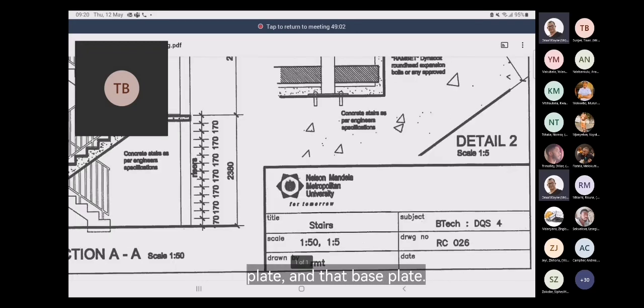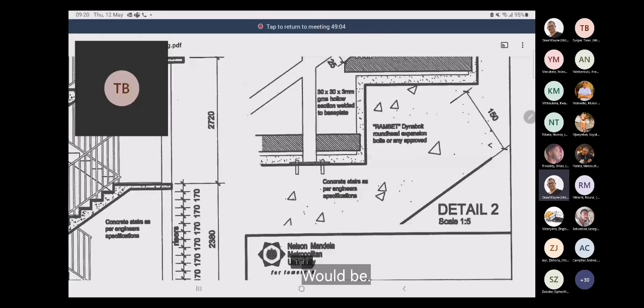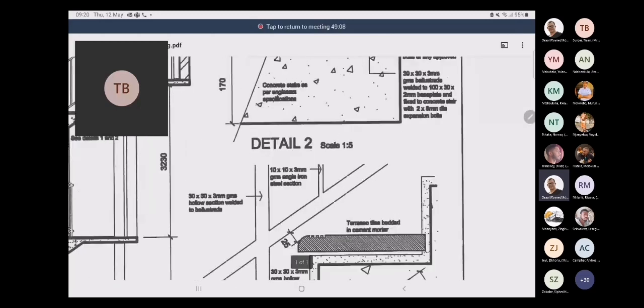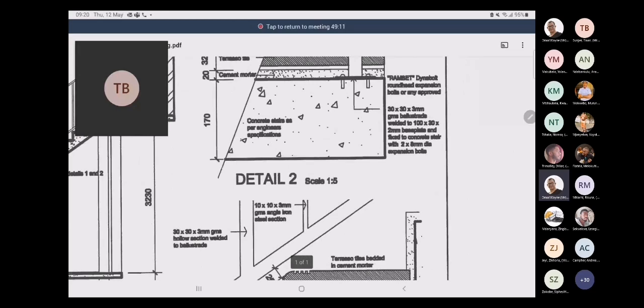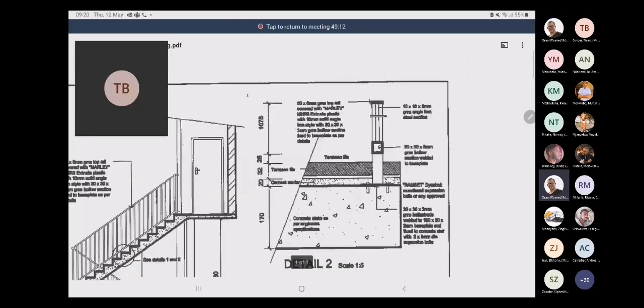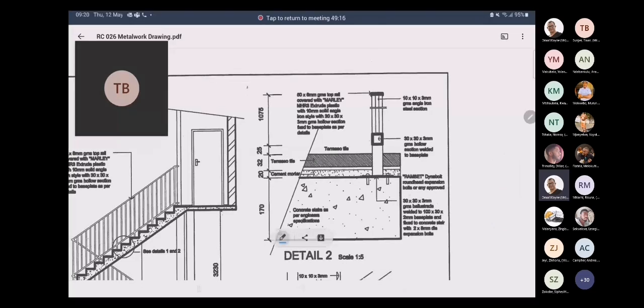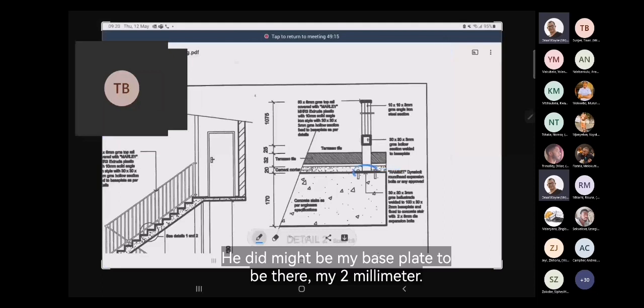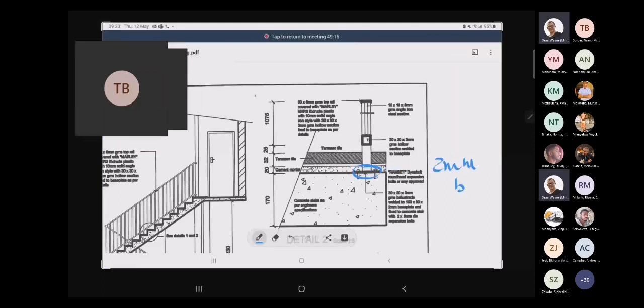And that base plate would be there, my 2 millimeter base plate. That will be welded on there.